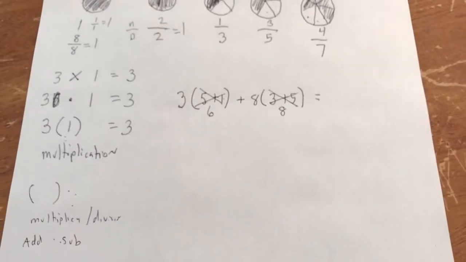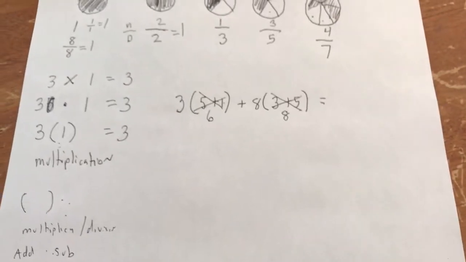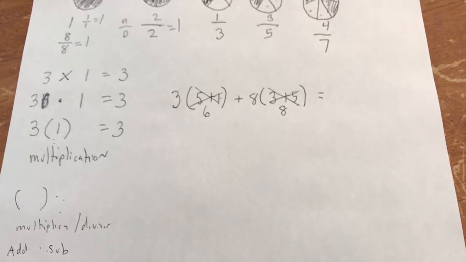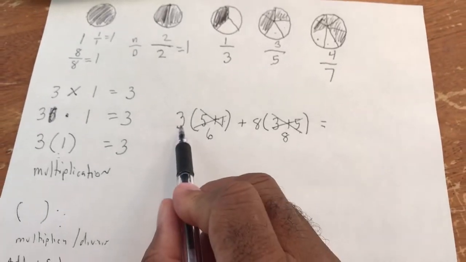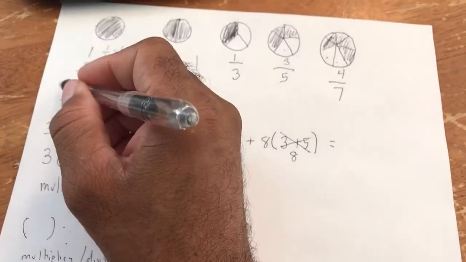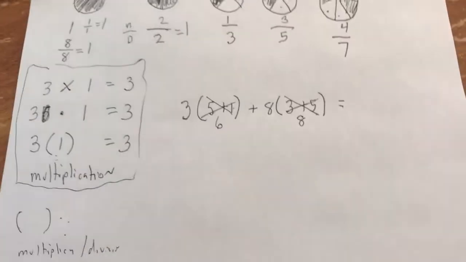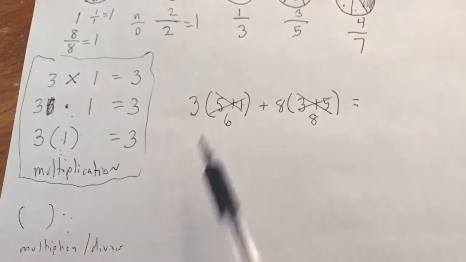Anything inside parentheses is first, and there's nothing more inside the parentheses, so what's next after parentheses? It's multiplication. Remember, we had to learn this rule: multiplication can be represented by either the times sign, a dot, or something like the parentheses.